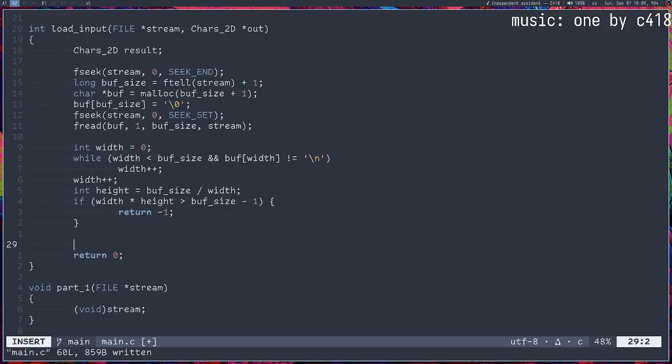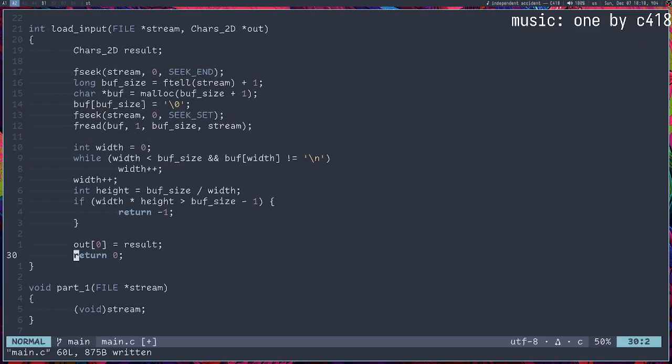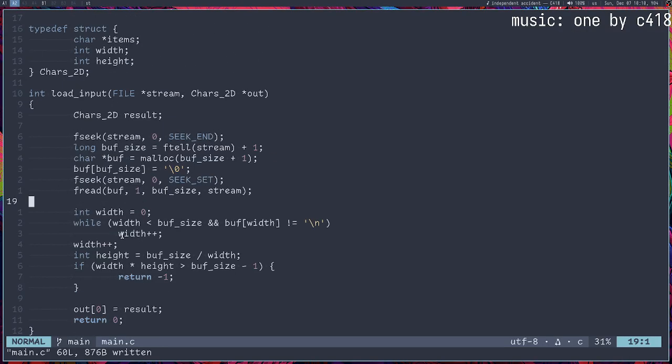So basically we first just read the entire file into a buffer. And then we try to calculate the height and width of it.